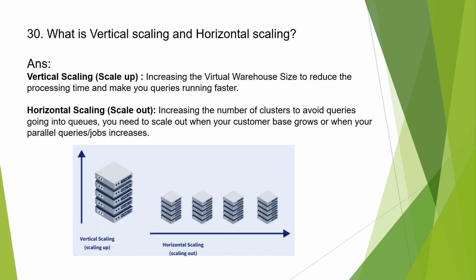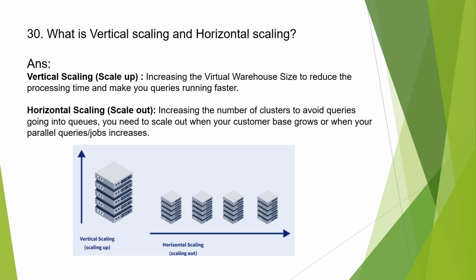So question number 30. What is vertical scaling and horizontal scaling? So in Snowflake, we have flexibility. Whenever you feel like your data size is growing or you are writing complex queries, and suppose you started with an extra small warehouse, and in future your data size is growing or the complexity of your queries is increasing, then you can easily switch to the next level virtual warehouse.